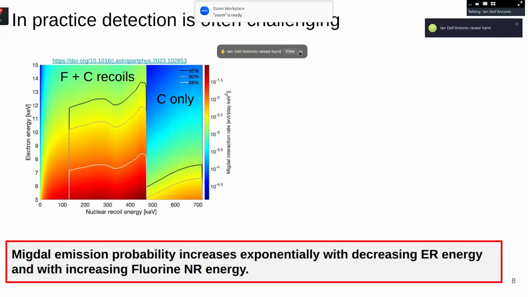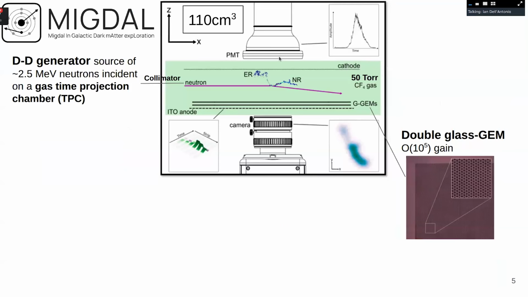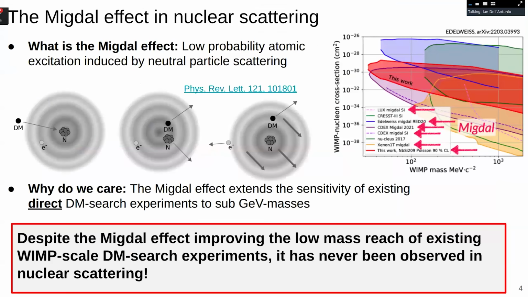There's just a question for clarification. The Migdal effect is the idea that dark matter causes the nucleus to recoil by striking it, and then you get an electron scattering that is associated with the output. Yeah, exactly.